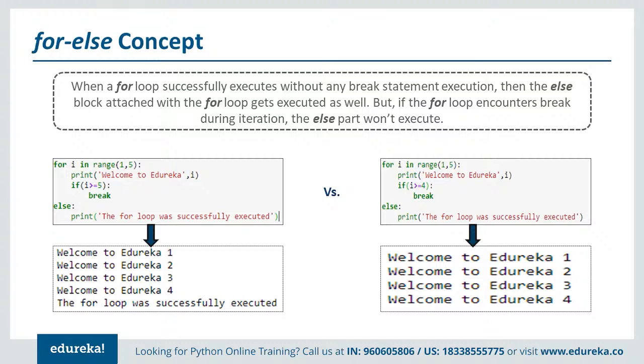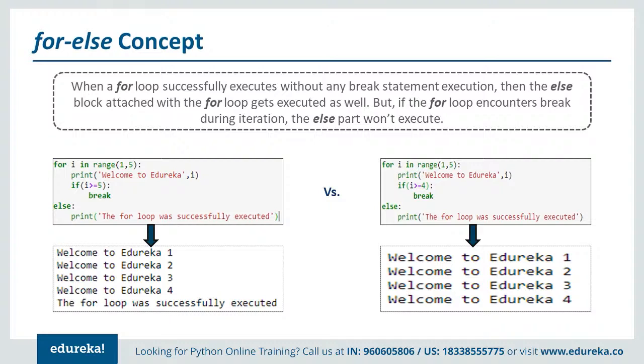But this will not happen in the left side example, because the I value will not go above 4. So it will not go to 5 or more than 5. That is the reason why the if statement will not be executed and the else part will simply execute, and in the output you will see the else part printed.